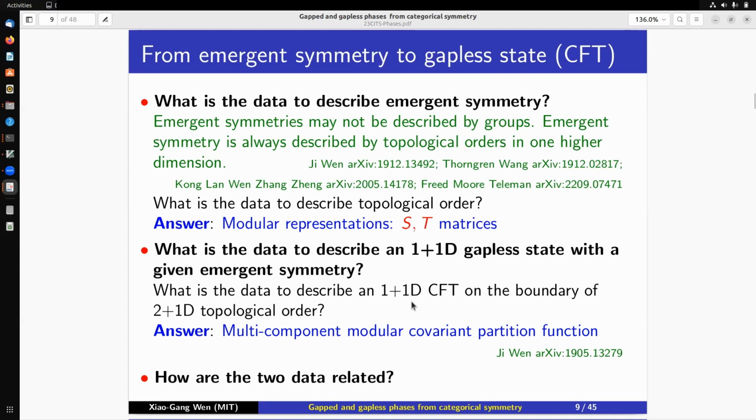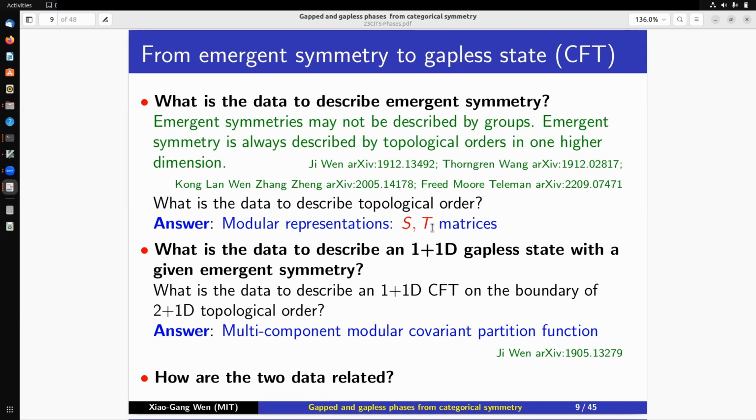And then the 1 + 1 dimensional gapless system is better described by this multi-component partition function, which is modular covariant, and their modular transformation is given by this ST matrix of this symmetry.